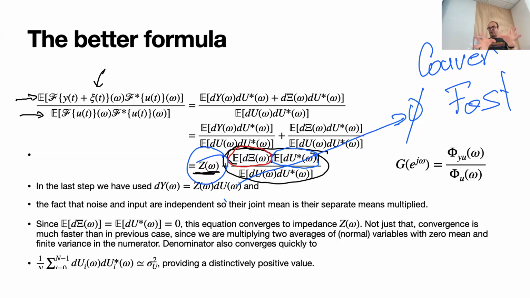And because of the trick that you are looking at now, everything converges down. So it doesn't matter. In an ideal scenario, we don't even have to excite the system. We can just look at its output as if it is excited by noise, because everything will cancel out. And in the long term, it will converge to our desired impedance.